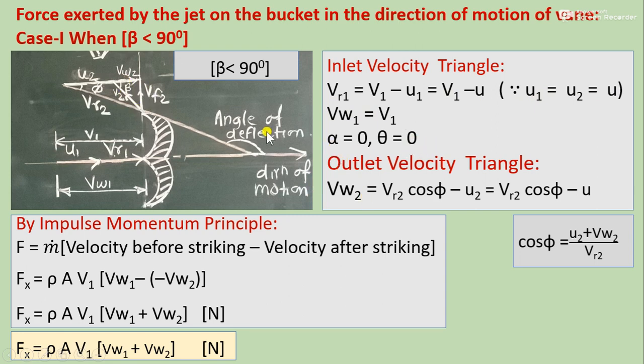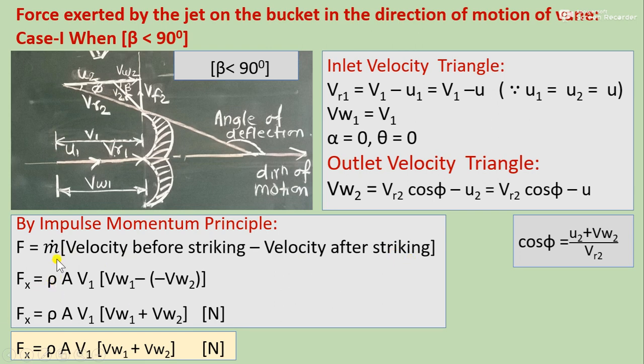Then at outlet velocity triangle, we take cos phi is equal to ratio of U2 plus Vw2 to Vr2. So we can write Vw2 is equal to Vr2 cos phi minus U2 is equal to Vr2 cos phi minus U. Now we can write equation for F by using impulse momentum principle, that is m dot into velocity difference.